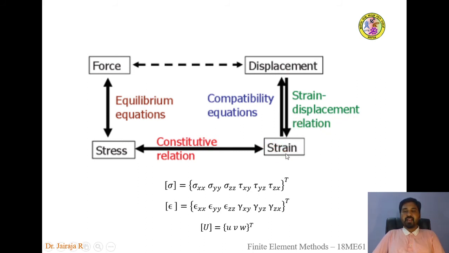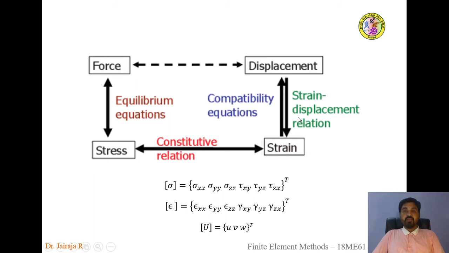If you know strain, we can easily obtain the stresses from the stress-strain relation or constitutive relation. From stress, we can calculate the forces from the equilibrium equation. In reverse also it is possible. From force, we can obtain the stresses from the equilibrium equation. Again, from stress, we can obtain the strain from constitutive relations.